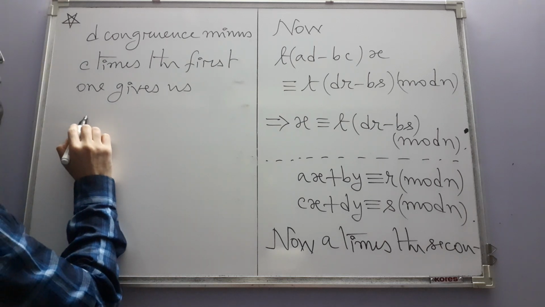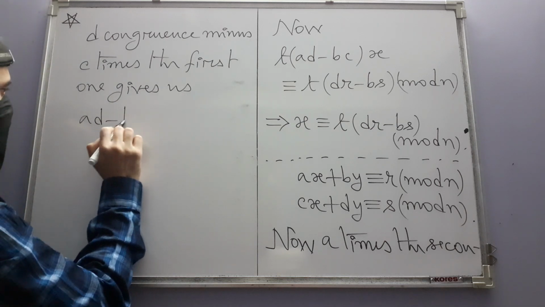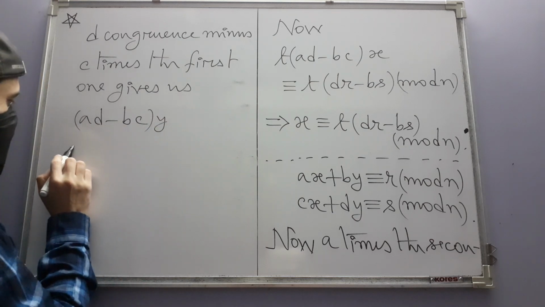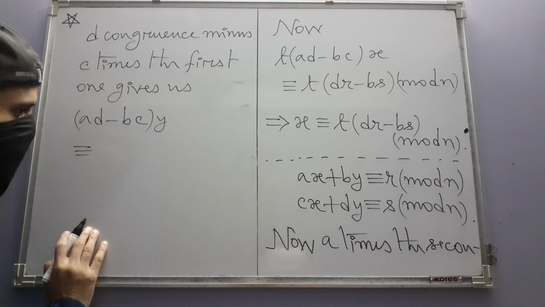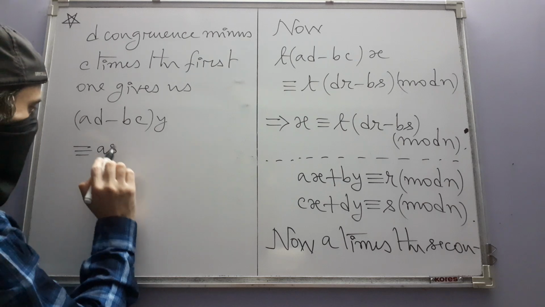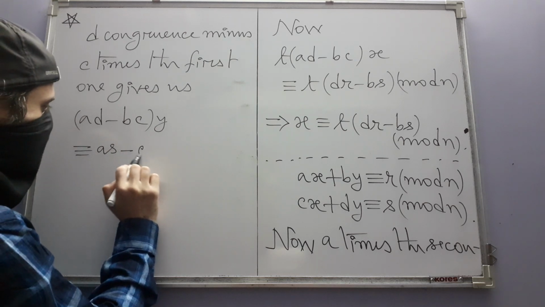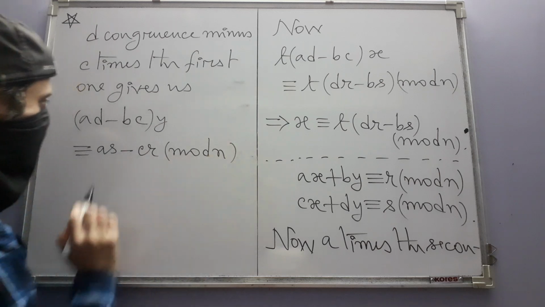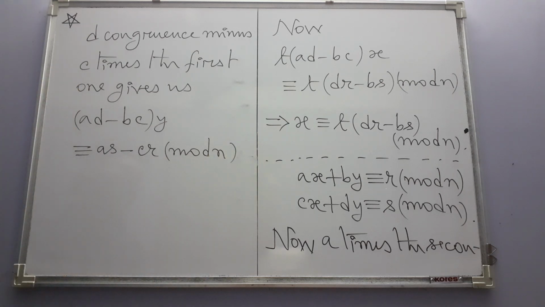So again we are getting AD minus BC, but this times Y congruent to AS minus CR mod N. But now it's very easy, we already know about T.